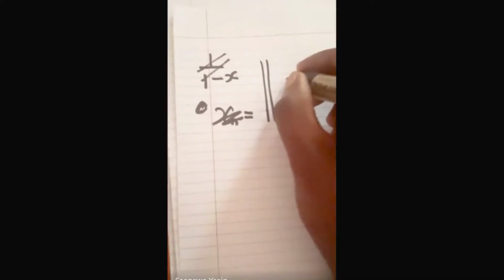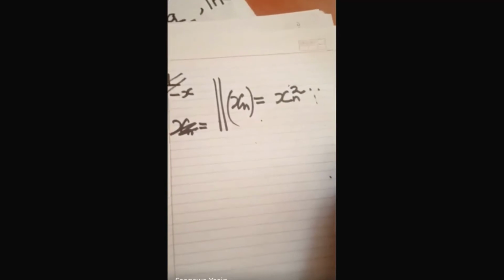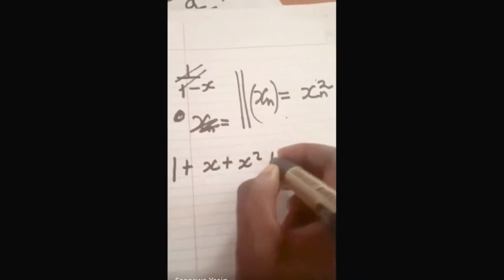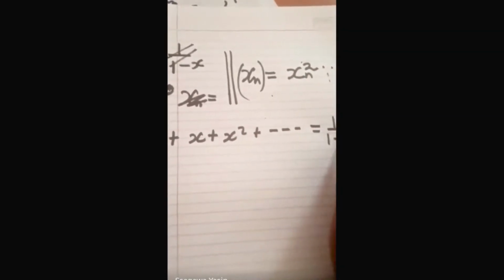I can write my sequence as xn equals x to the power n. Now, if I write it clearly, I can start with 1 plus x plus x squared plus other terms, and this will equal 1 over 1 minus x.